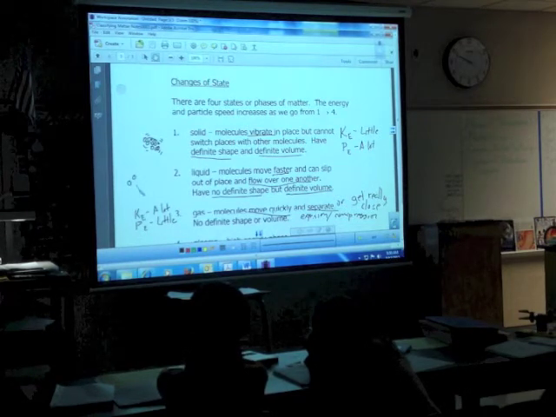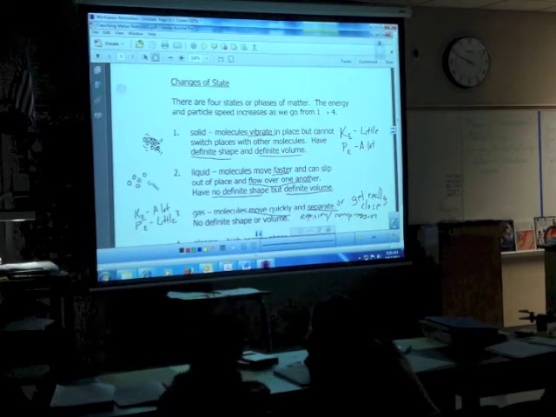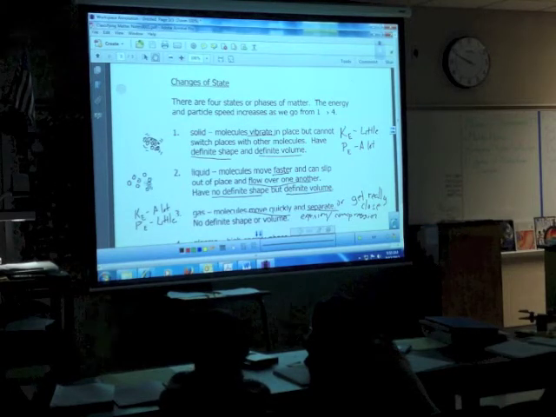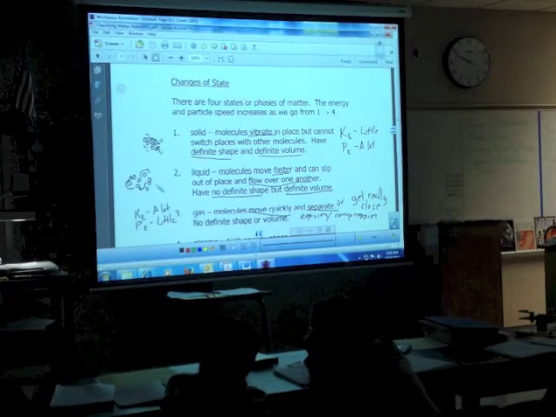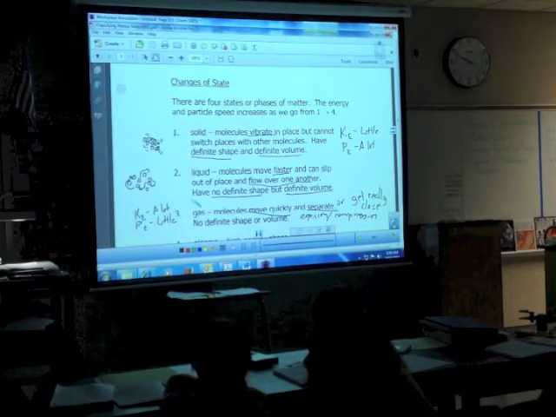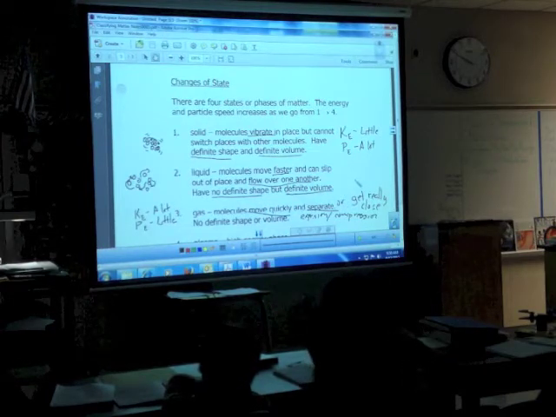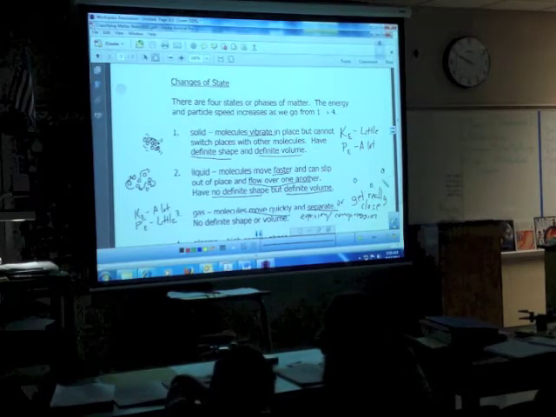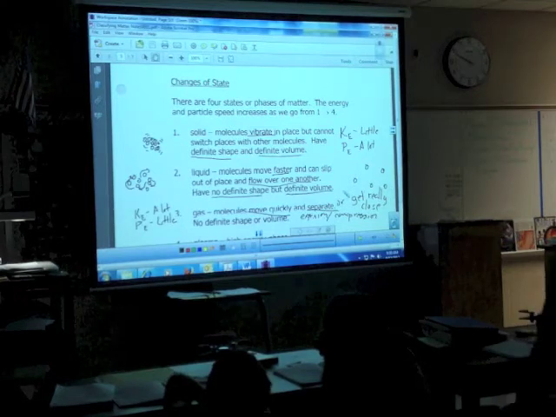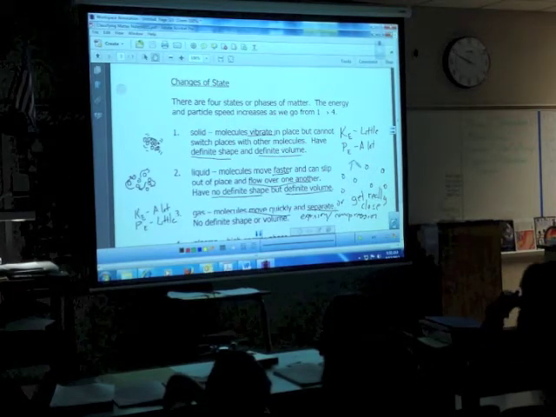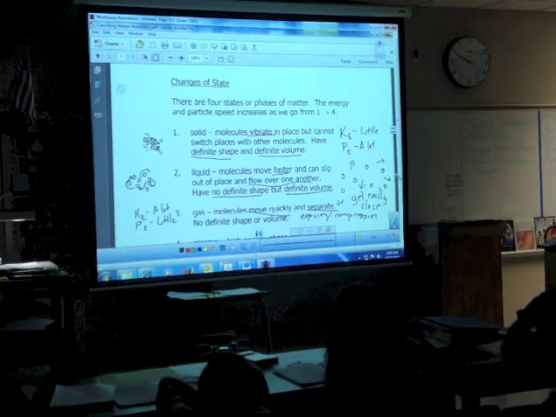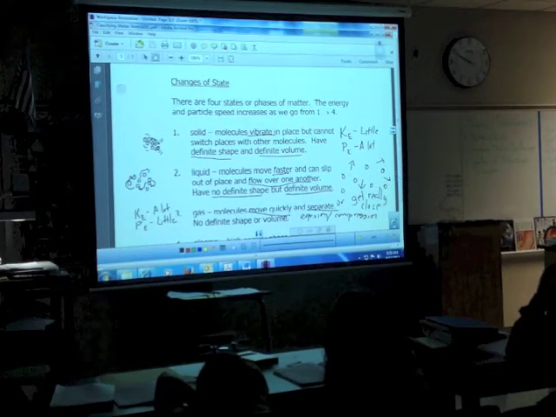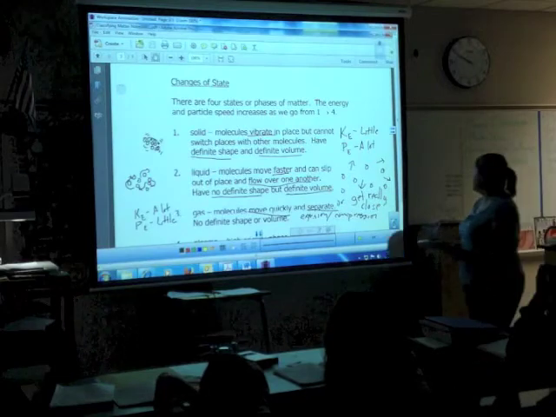In this one, I have a little bit more separation, and they can move in different directions, right? Alright? And then a gas, I'm just going to do it over here. They can be very, very separated, and they can move basically anywhere they want. Correct?